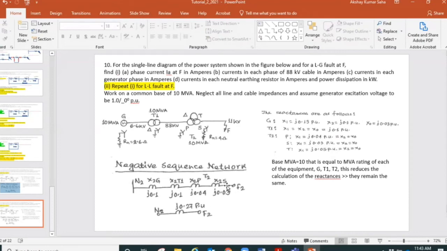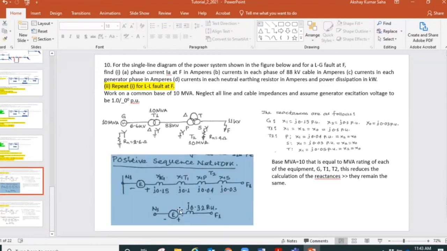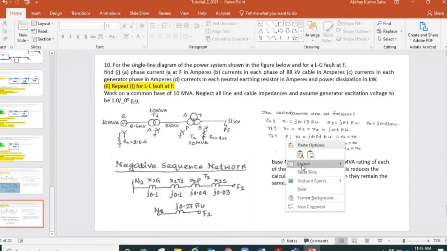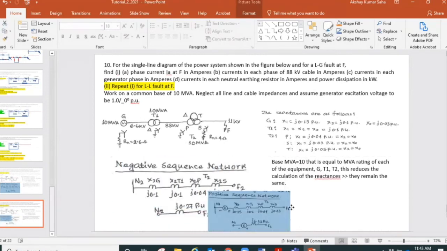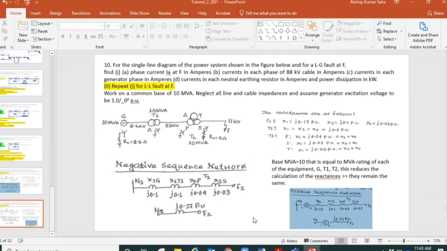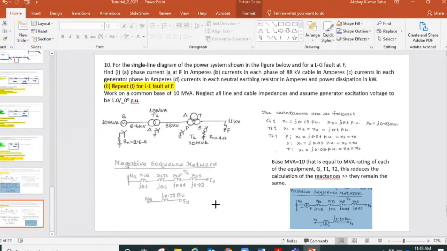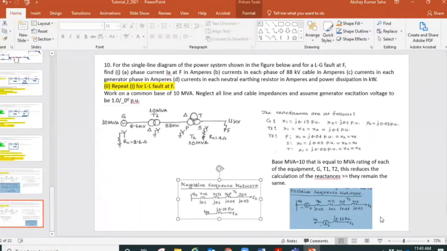So again it's the same thing that we did in the case of the positive sequence network. The tertiary winding is not coming into the scenario, and we find all of them are in series between N2 and F2. We add them and we get the value of 0.27, so that's the negative sequence network.